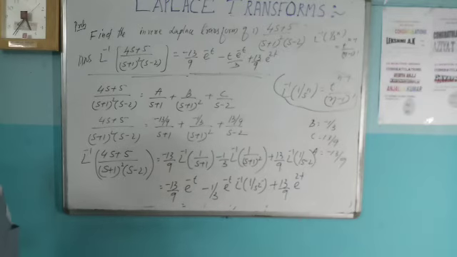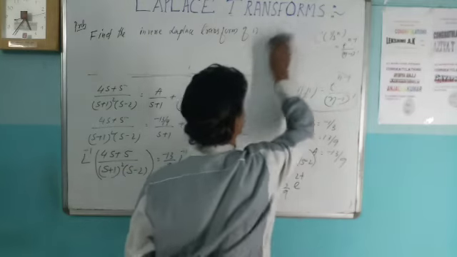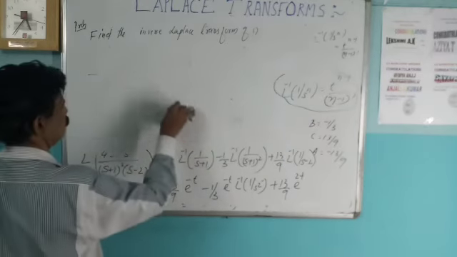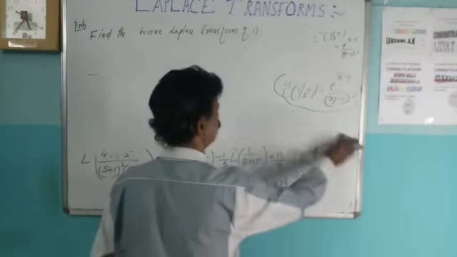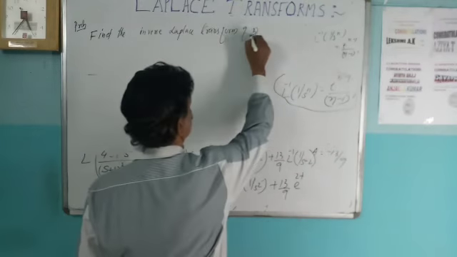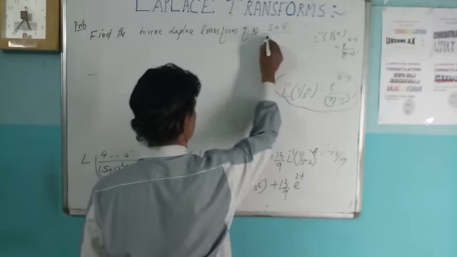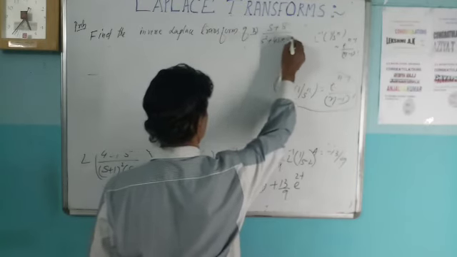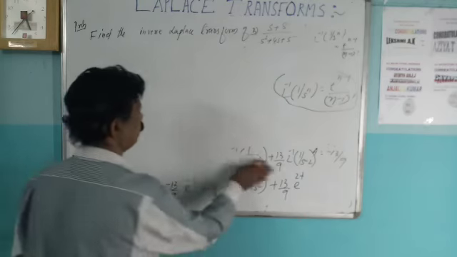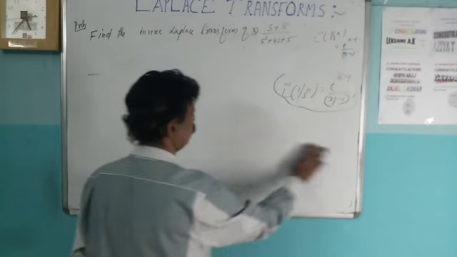Okay. Yes, next question. Third question: find the Laplace inverse of (s plus 8) divided by (s square plus 4s plus 5).